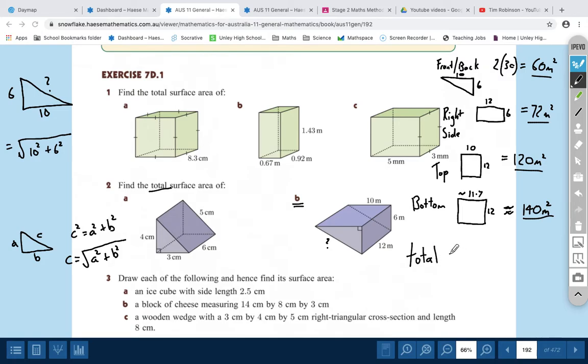The total is approximately equal to all of these numbers added together. So 140 plus 120 plus 60, I'm doing this in the calculator by the way, plus 72, and I get approximately equal to 392 meters squared, right? Then you should go to the answers. It was question 2B.